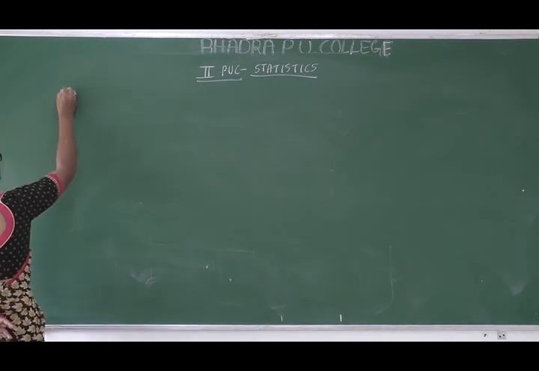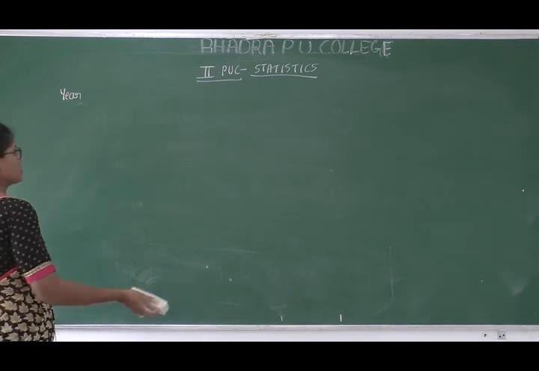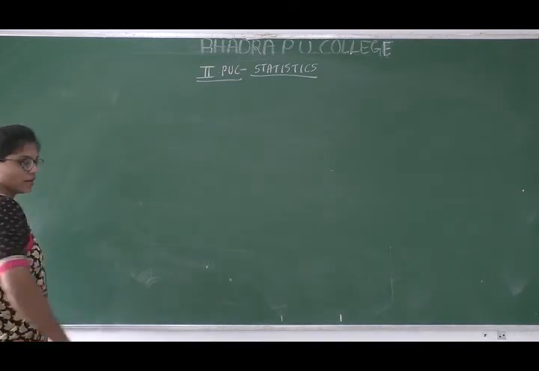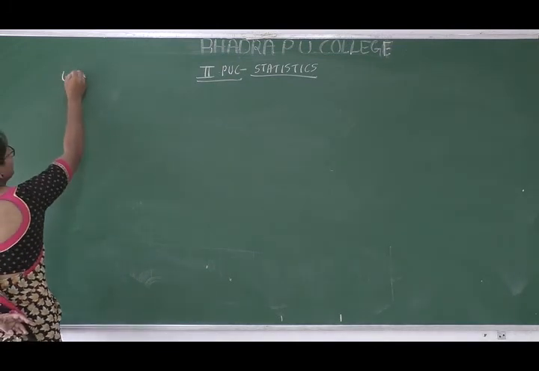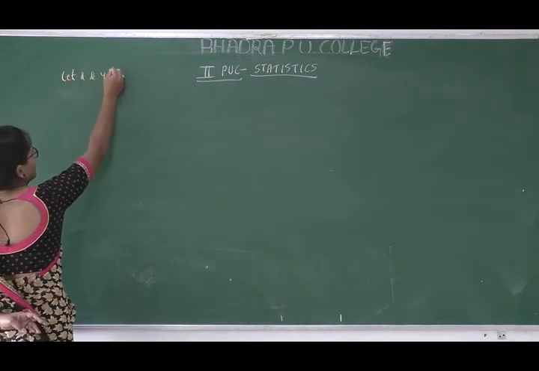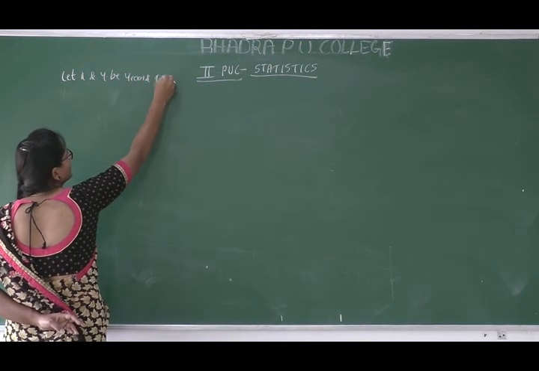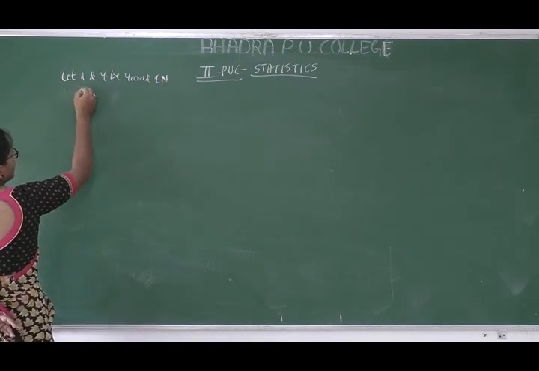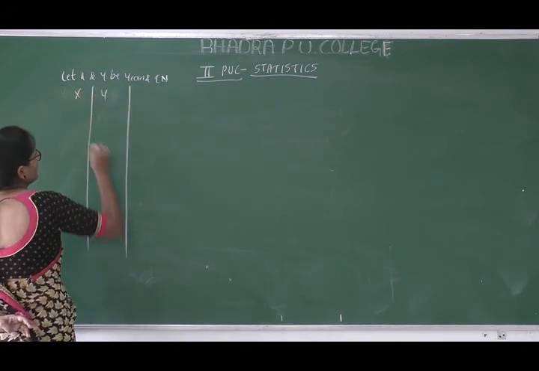Let x and y be year and index number. Therefore year will be x and y will be index number.